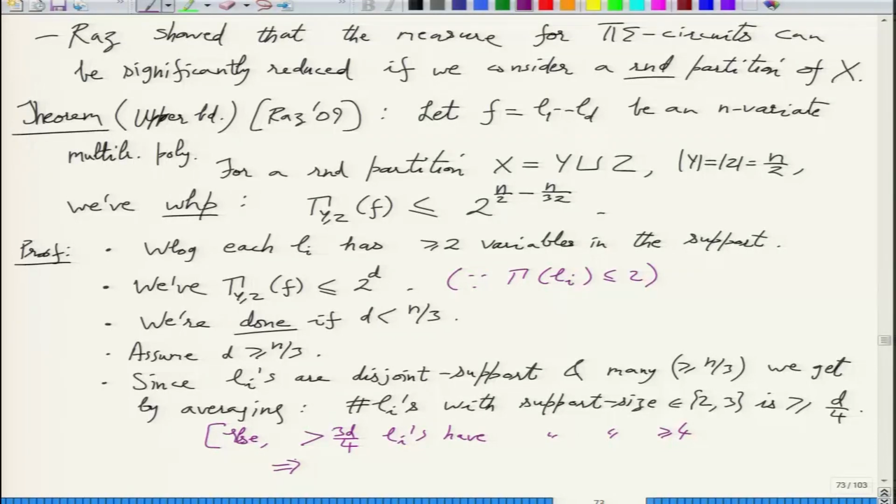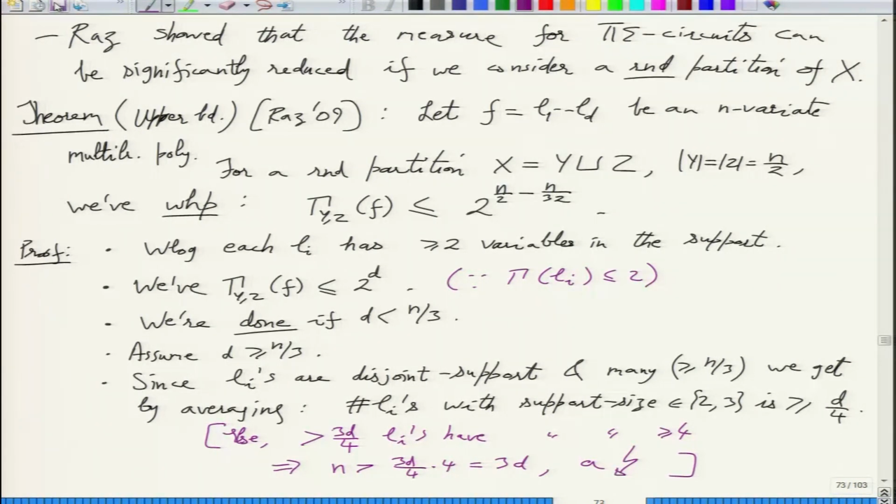Which would imply that the number of variables is greater than 3D by 4 times 4, which is 3D. But we have assumed that D is at least n by 3. So that's a contradiction. That's the symbol for contradiction. Yes, the lightning strikes.